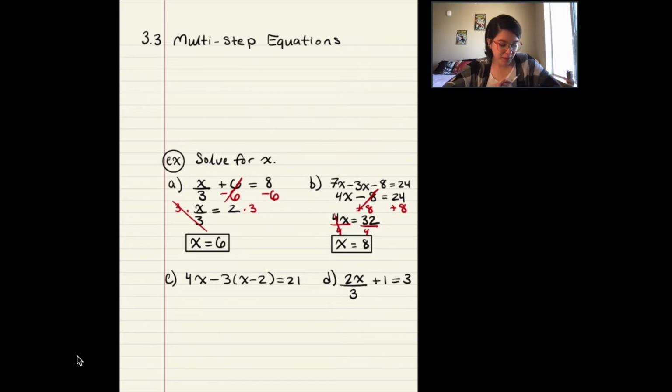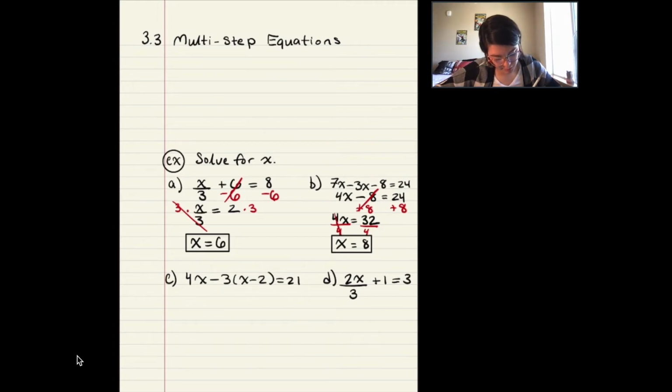For c, we have 4x minus 3 times x minus 2 is equal to 21. Now again, we have to do a little bit of simplifying with this one before we can start to solve for x. So we have a 3 being multiplied to these parentheses. So we have to distribute that 3 in.